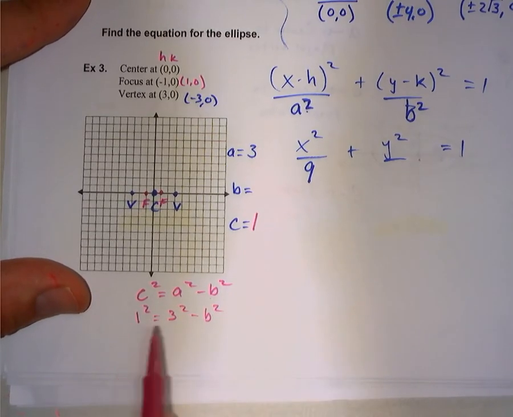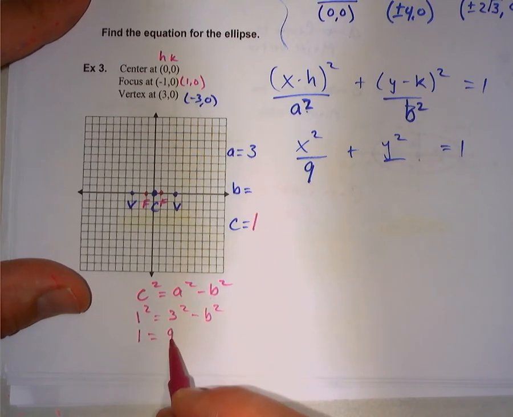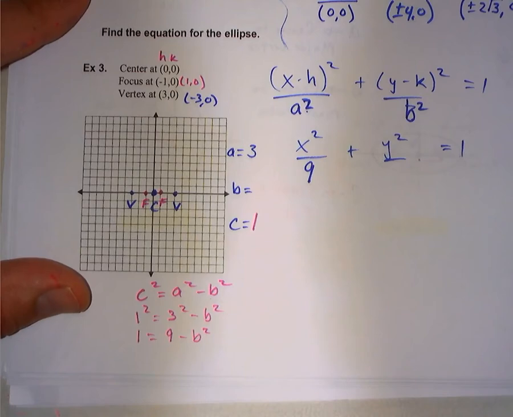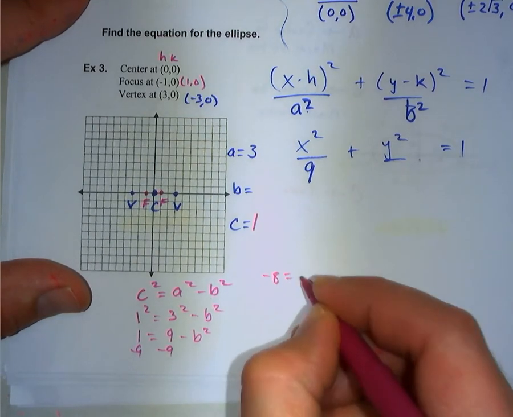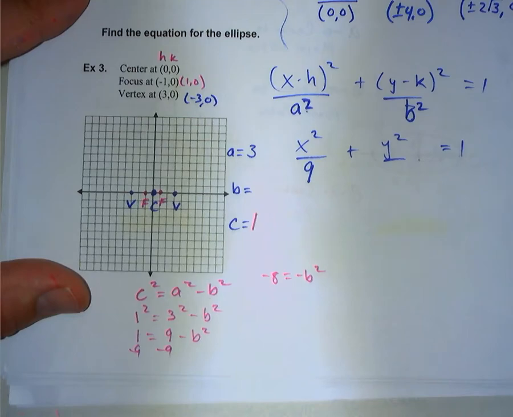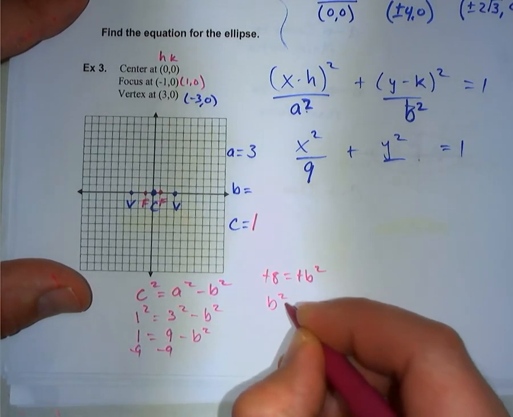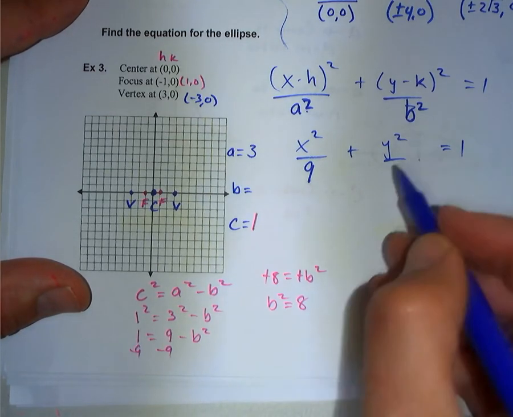I'm plugging in c and a. 1 squared is 1. 3 squared is 9 minus b squared. Then we can subtract this 9 over here. I'm running out of room, so I'm going to write up here: negative 8 equals negative b squared. If I divide by a negative, that's b squared equals 8. So b squared is this guy right here.